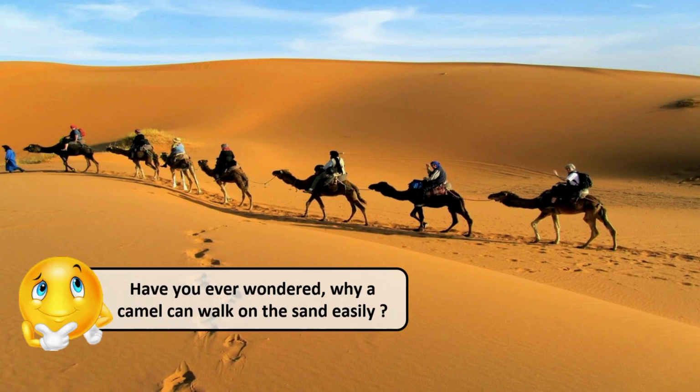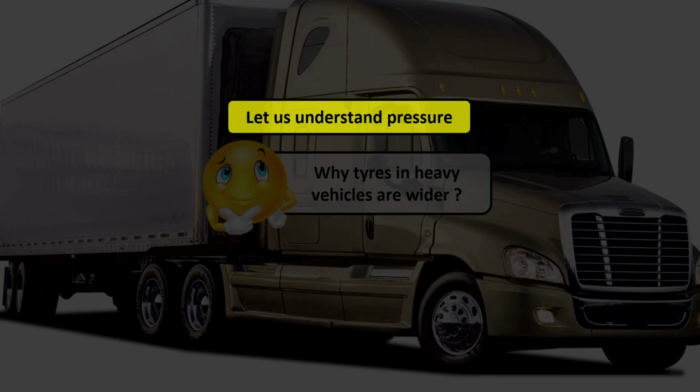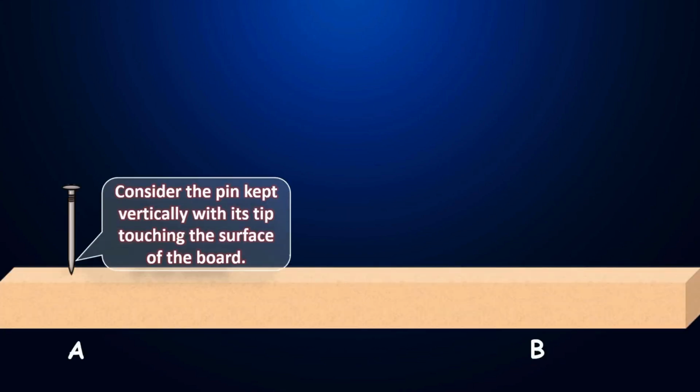Have you ever wondered why a camel can walk on sand easily? Why are tires in heavy vehicles wider? Let us understand pressure. Consider a pin kept vertically with its tip touching the surface of the board.